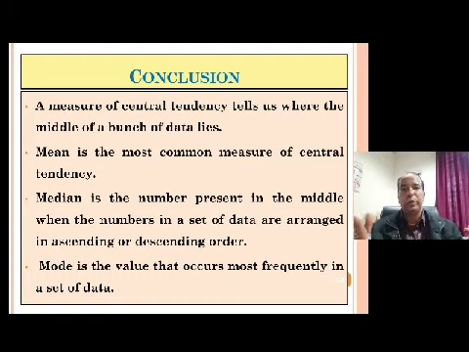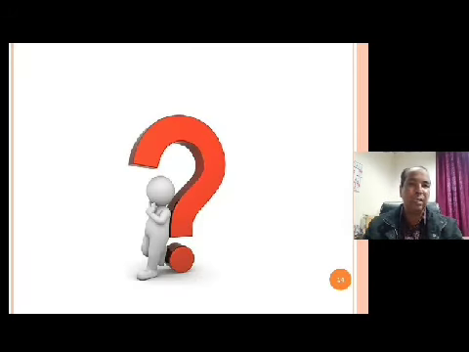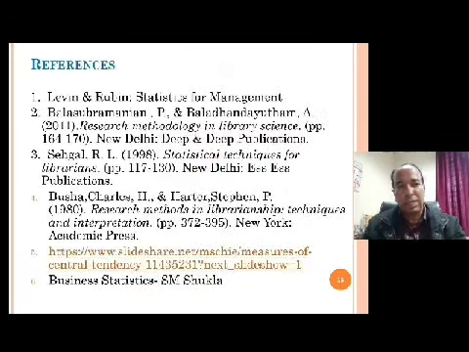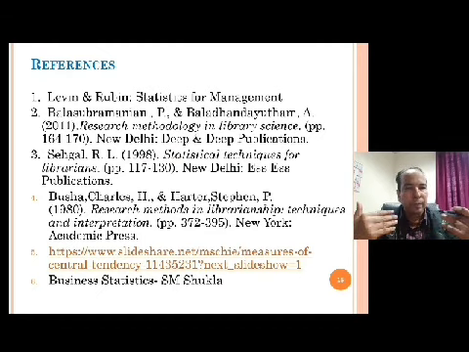I have already told you that arrangement of data is required to locate the median. Mode is the value that occurs most frequently in the data set. Both median and mode are positional measures, whereas mean is a mathematical measure. So that's all about mode, and that's all about measures of central tendency.